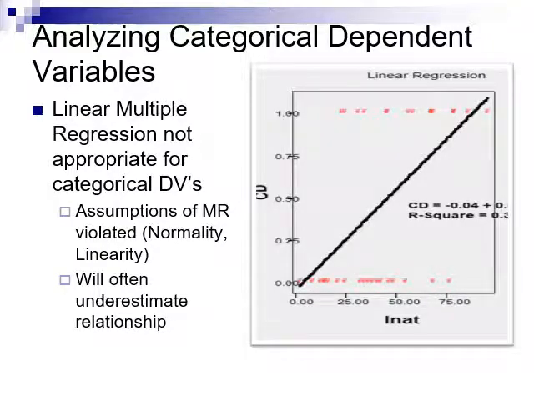If we're analyzing a categorical dependent variable, linear multiple regression is not appropriate for a categorical DV. First, one of the assumptions of regular multiple regression is violated, the normality or linearity of the actual outcome. Also, even if we did run it through, it would often underestimate the relationship. I have an example here where we're trying to draw a linear relationship with a categorical variable, 0 or 1, the presence or not presence.